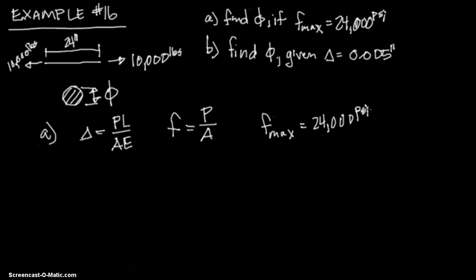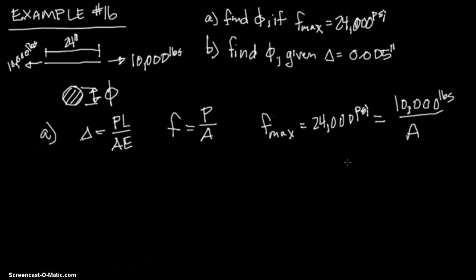I don't know why my program's messing up a little bit, but oh well, we'll work with it. 24,000 psi equals, we know P, let's put P in there, 10,000 pounds, and then we need to solve for A. Knowing what we know about algebra, we can do this in our heads real quick.